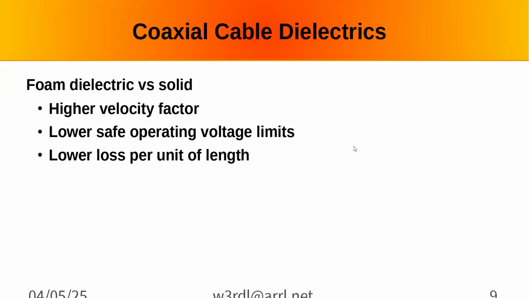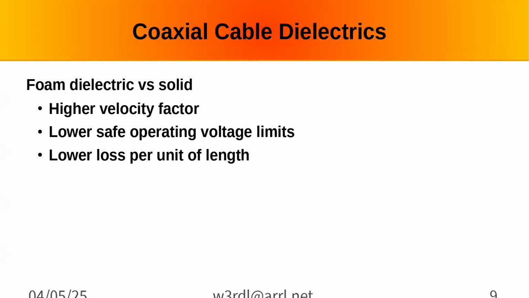There's basically two types of dielectric that are used in coax. It can be a solid like a PVC type or polyethylene, or a foam. The foam has a higher velocity factor. It has a lower voltage limit, can arc over at a lower voltage. And it also has lower loss.